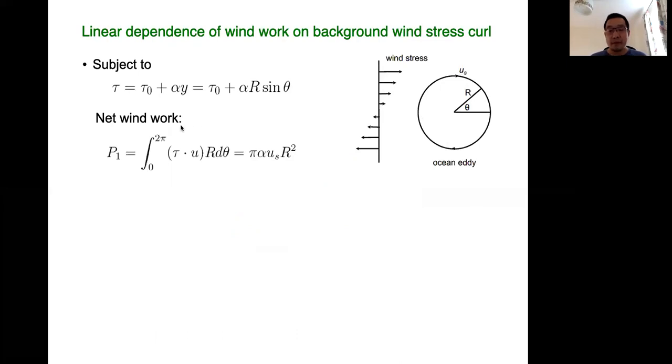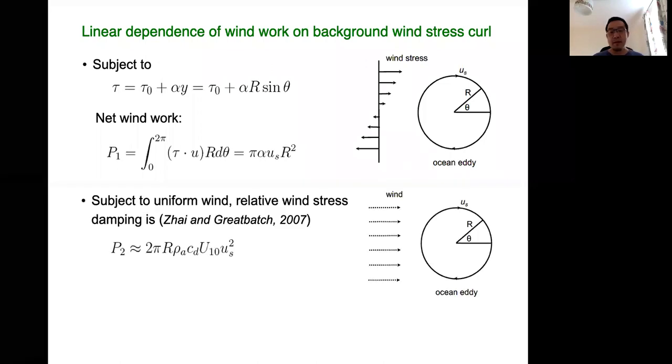If we integrate wind work, we find the net wind work is indeed proportional to alpha, the strength of the wind stress curl.